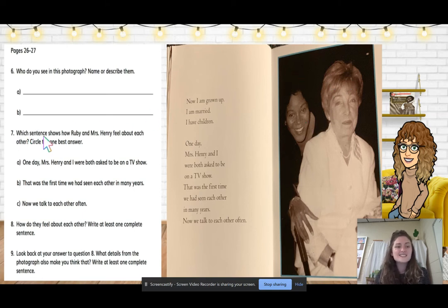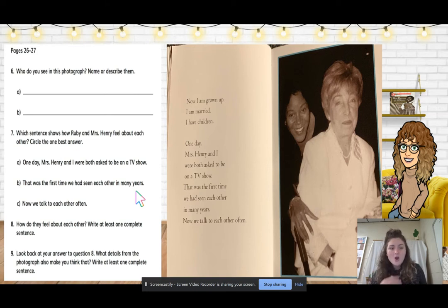Let's look at number 7. It says, which sentence shows how Ruby and Mrs. Henry feel about each other? So, how do they feel in their hearts about each other? A, one day, Mrs. Henry and I were both asked to be on a TV show. Does that describe how they feel about each other? Okay, let's move on to B. That was the first time we had seen each other in many years. Does that describe how they feel?